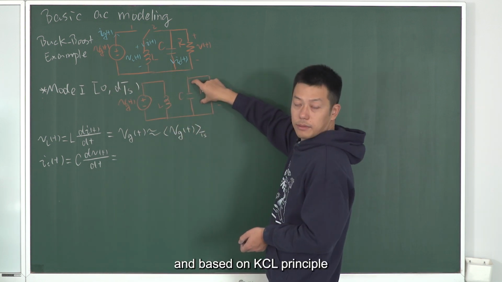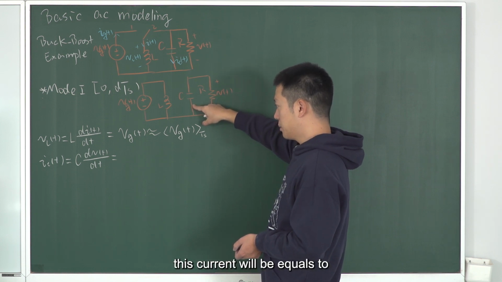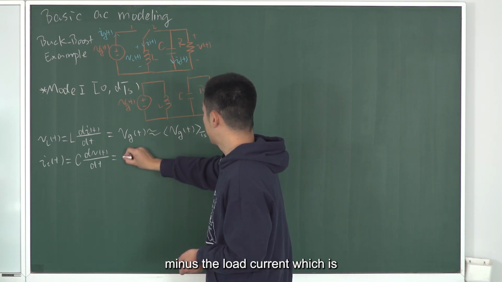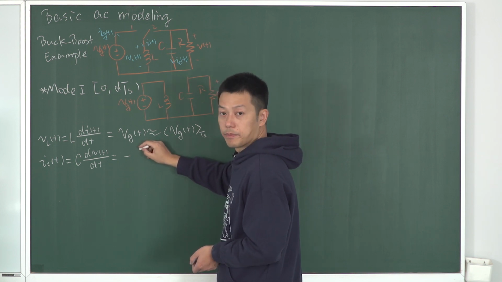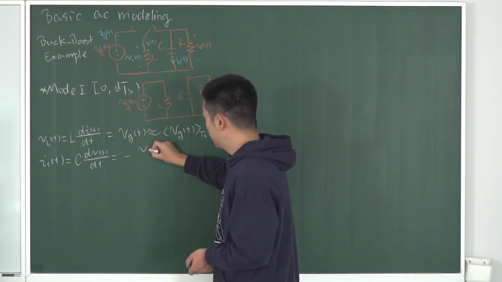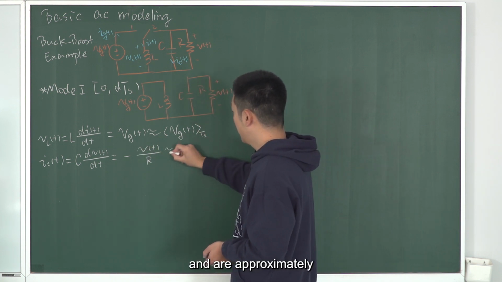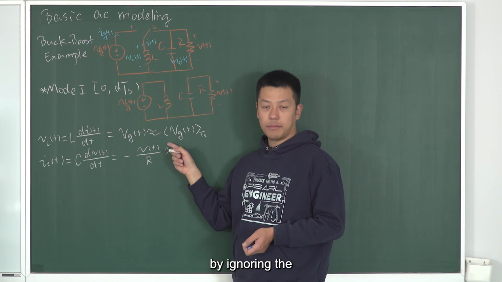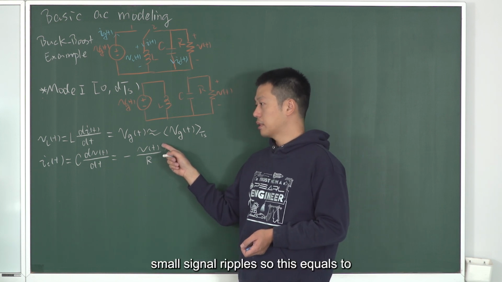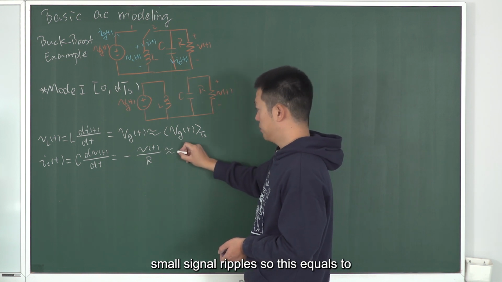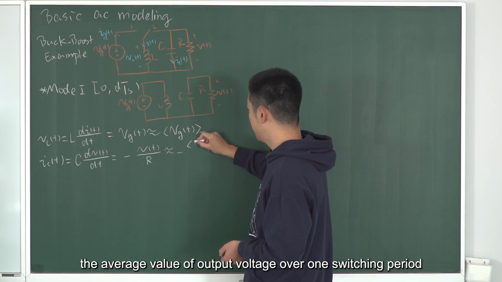Based on the KCL principle, this current equals minus the load current, which is voltage over resistance. And approximately, by ignoring the small signal ripples, this equals the average value of the output voltage over one switching period.